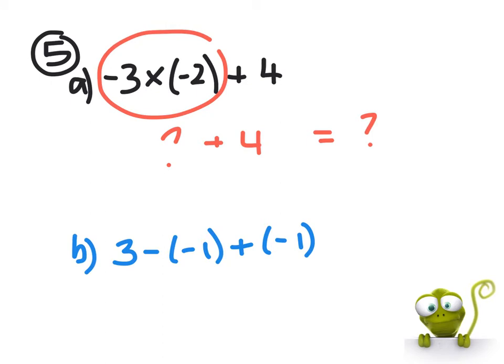The second one, we've got 3 subtract negative 1, add negative 1. Now if you subtract negative 1, you know what that is. So 3 subtract negative 1, get the answer to that. Add negative 1, get the answer to that. Do your calculation. Question's finished.